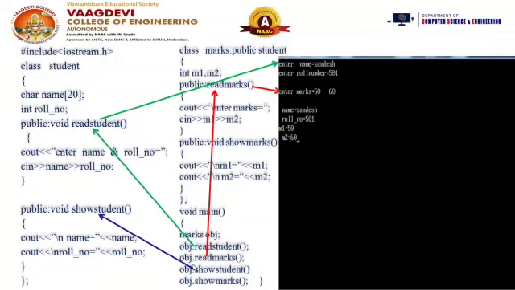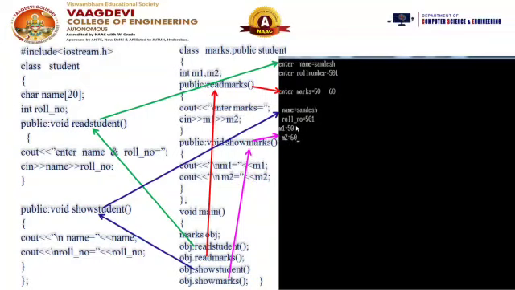The object obj calls showStudent function which display the value in name and roll number. The object obj calls showMarks function which displays the values in m1 and m2.